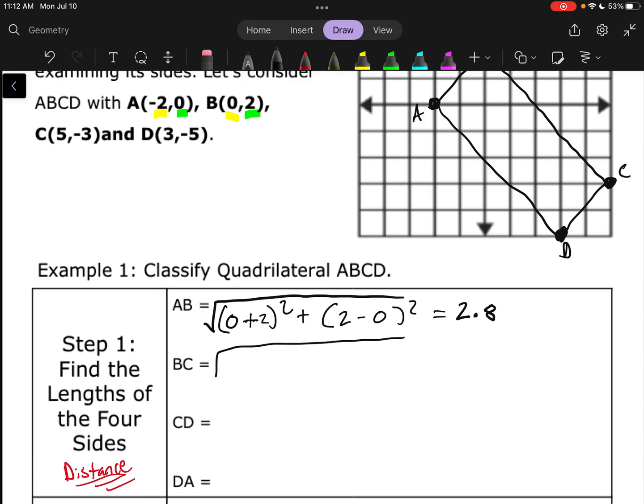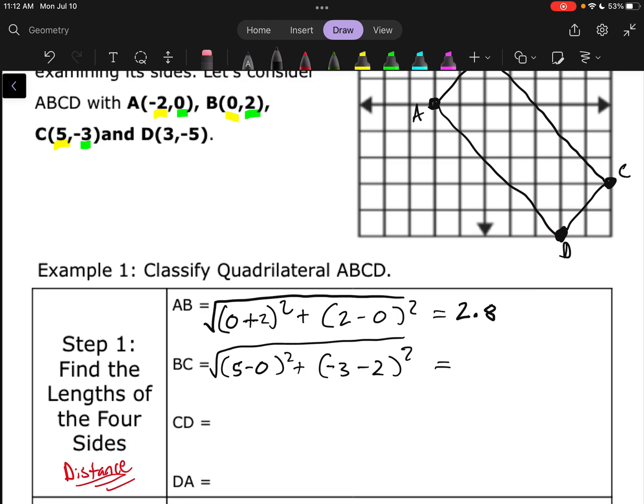Next batch here for BC. So now we're going to be using the 5 and the 0 and the -3 and the 2. So 5 minus 0 squared plus -3 minus 2 squared.